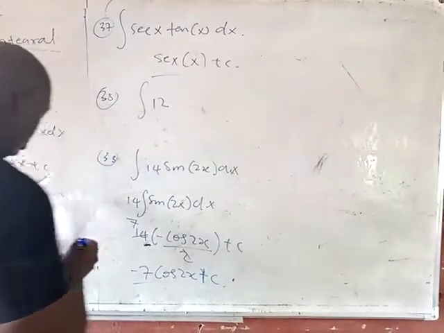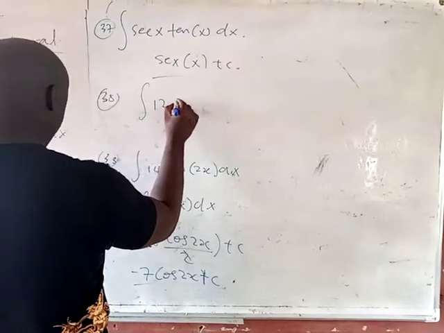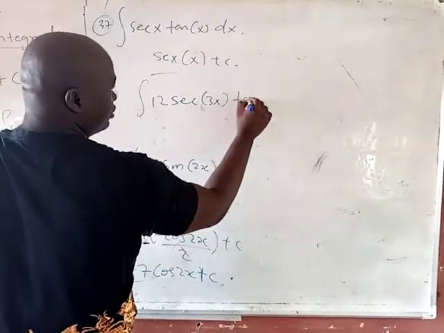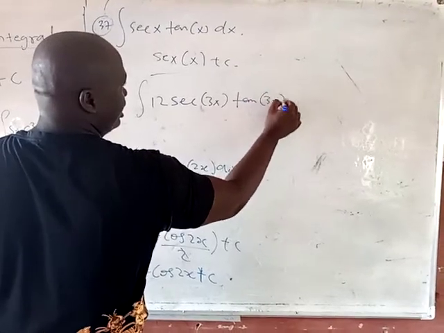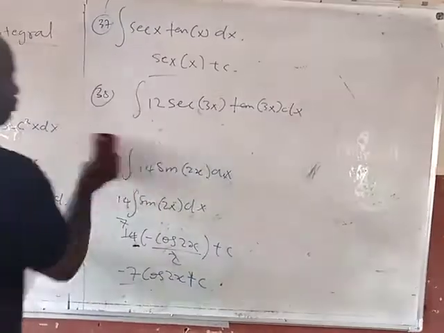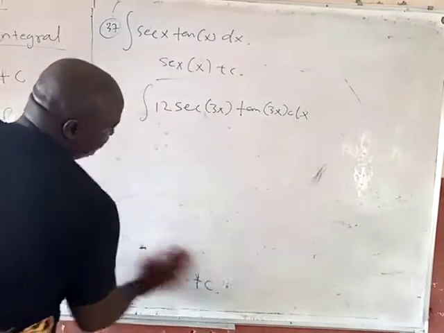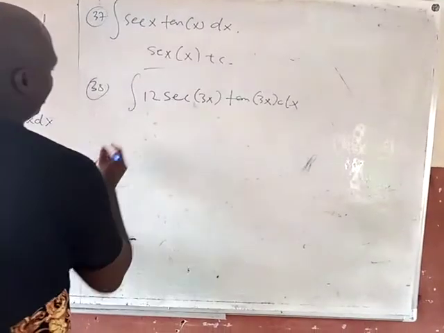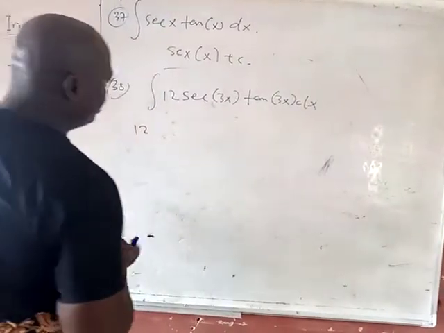Number 38. What if you have the integral of 12 sec 3x tan 3x dx? Whenever you see this thing, you think it's very difficult. It's too simple. So whenever you see something like this, bring out your 12, the constant.